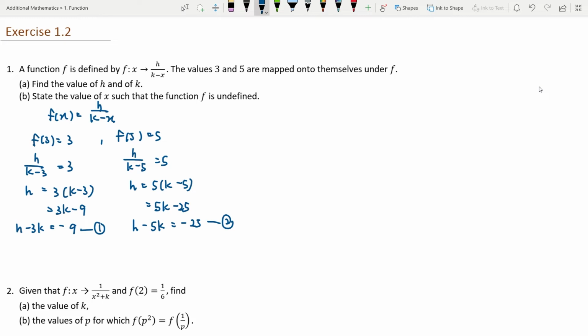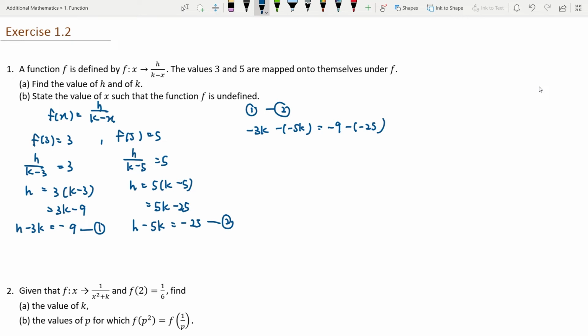For this question, I will use the elimination method to get the value of h and of k. We can eliminate the h since they have the same coefficient. In order to eliminate the h, we have to subtract the equations. So equation 1 minus equation 2, h minus h is gone. Negative 3k minus negative 5k equals negative 9 minus negative 25.